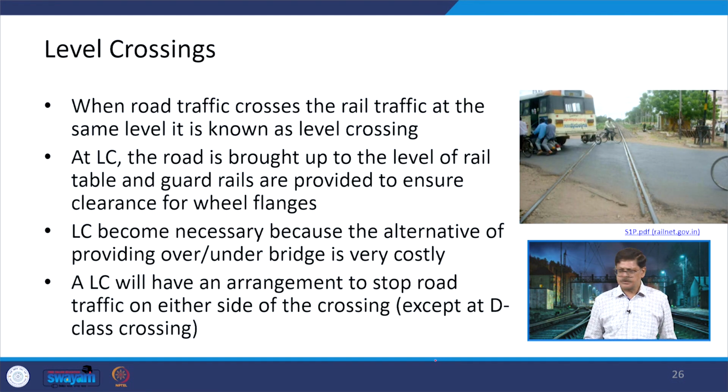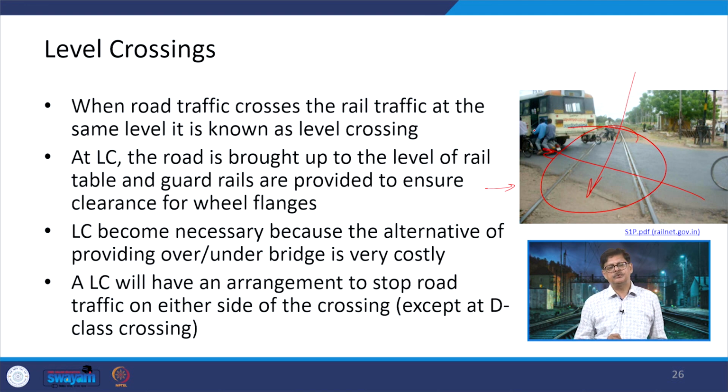Now, let us discuss level crossings. Level crossings are required whenever a situation like this appears, where a track is going and a road is crossing the track and there is a lot of traffic moving on it, and if a train comes on the track, there is always a possibility of a hazardous condition occurring at this point of intersection.